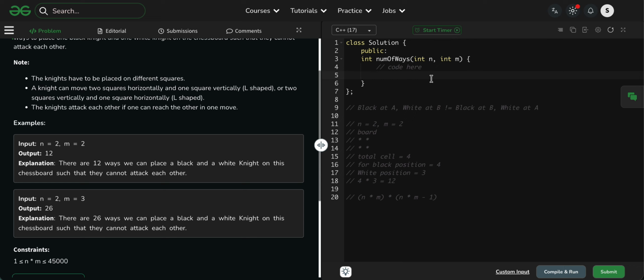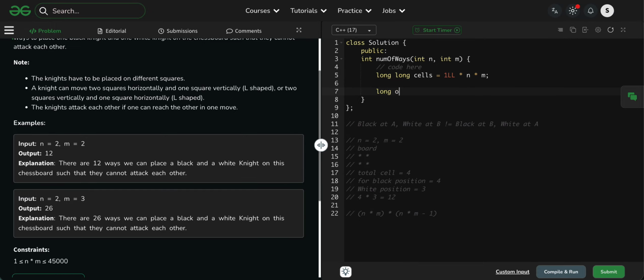So we have the int n and m, and we take long long cells equal to 1 ll into n into m.